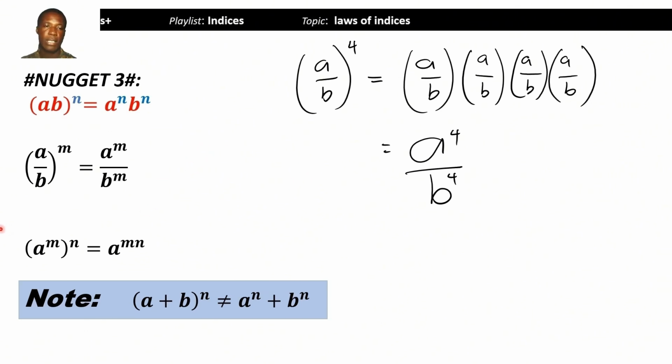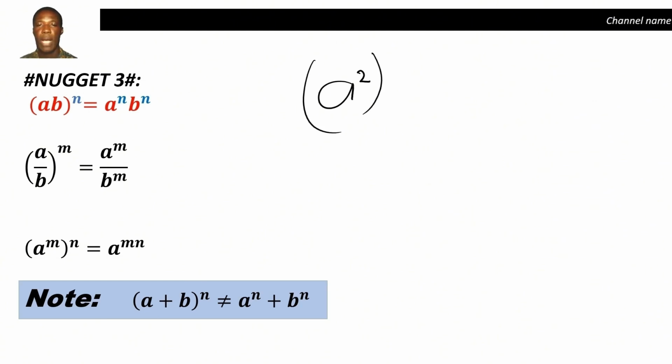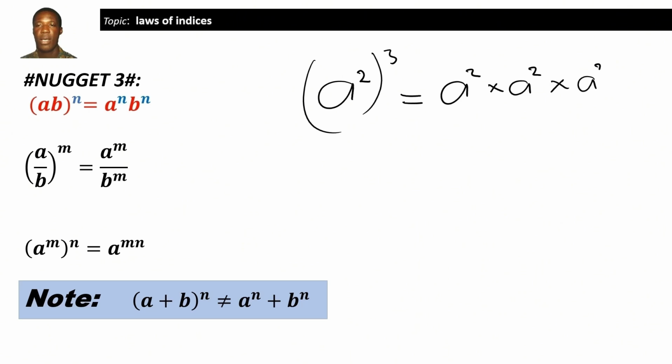Now let's look at this equation here, what it also means. If you have a to the power 2 and then everything is to the power 3, what happens is we will have a to the power 2 multiplying itself 3 times. I hope you agree. Good.